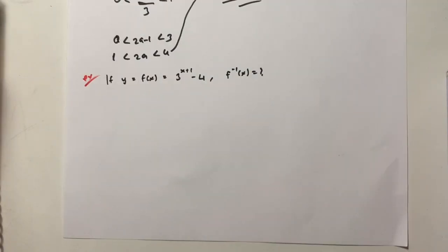If y equals 3 to the power of x plus 1, minus 4, then what is the inverse of the function? As we talked about in the beginning of the lesson, logarithm is the inverse function of the exponential, and the exponential function is the inverse of the logarithm. So we have to leave the x alone by taking the logarithm.